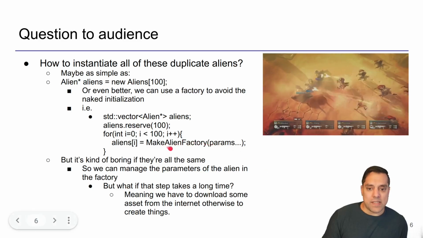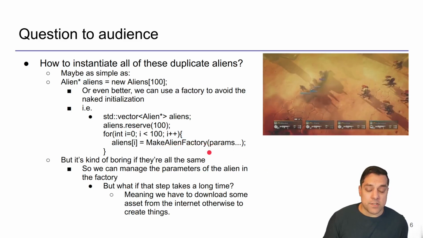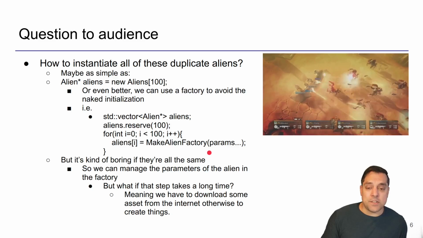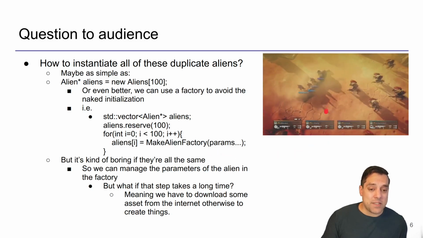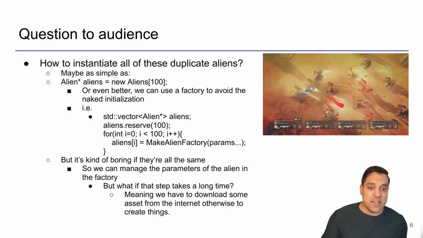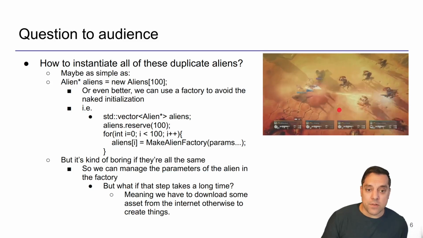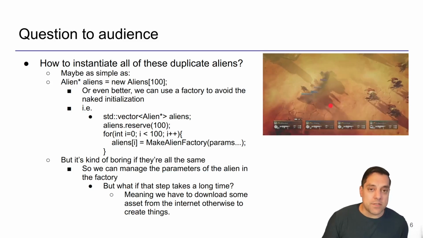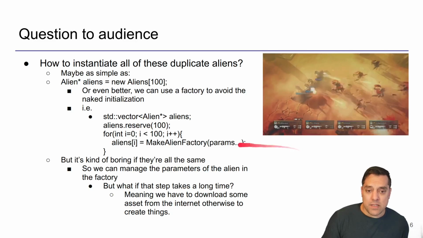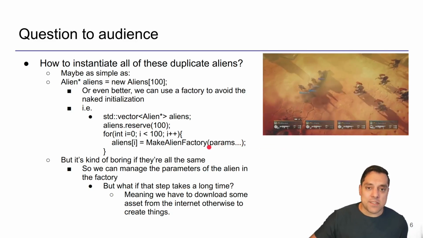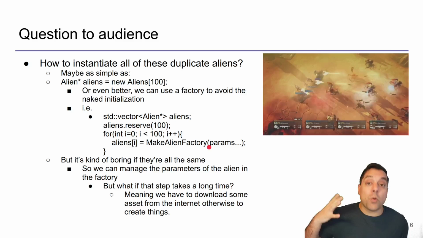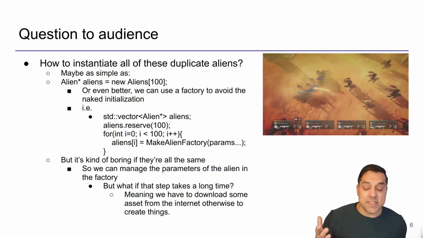What's happening when I'm doing these factory functions is, hopefully, I'm doing them in an intelligent way. But in the worst case, I'm doing them in some unintelligent way where I'm downloading a bunch of information from the web. Maybe I'm downloading these configuration files. Maybe the process of creating an alien means going to some database somewhere and querying for something very expensive. That's a lot of latency.